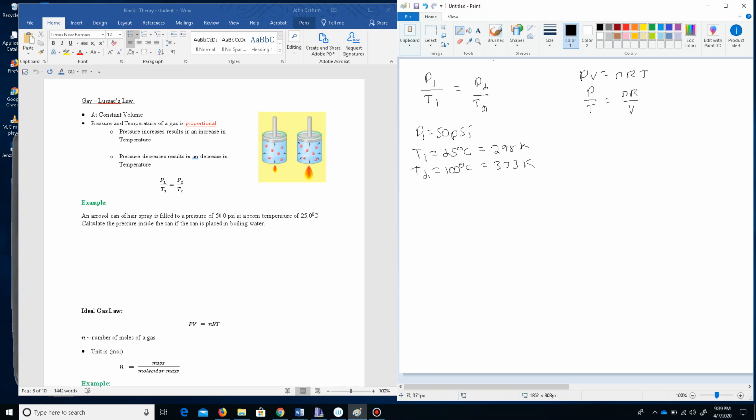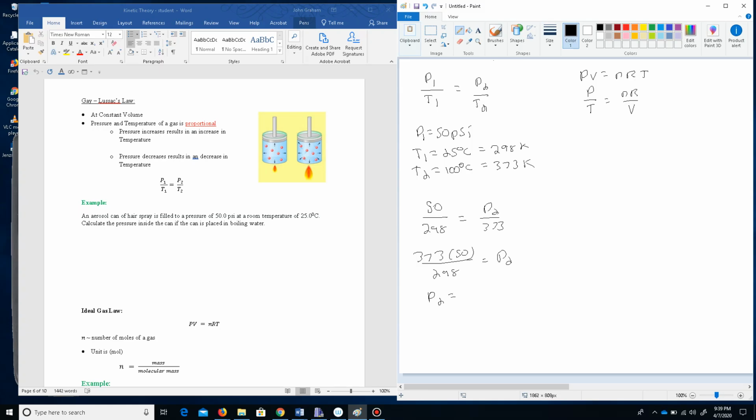Alright, so we can set the equation. P1 is 50. T1 is 298. It's going to equal P2 over 373. So we multiply 373 over. We have P2.